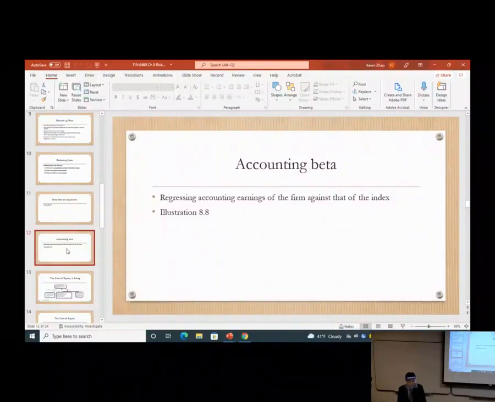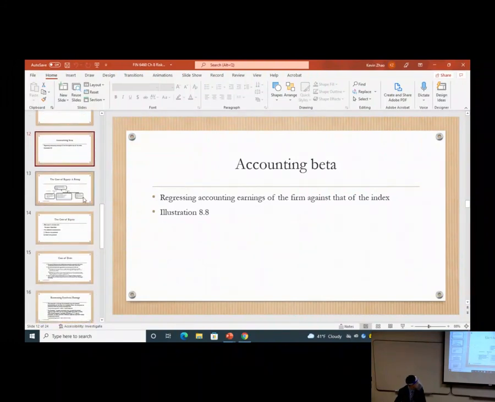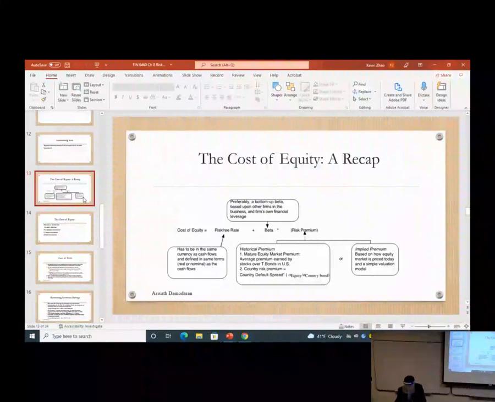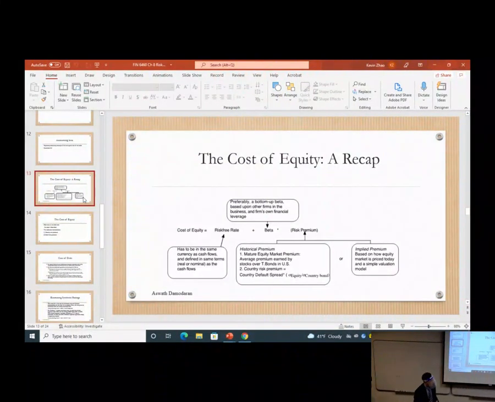Only 4 observations a year because company review accounting information on a quarterly basis. So it's not a great method, but offers you second opinion. So that's accounting beta. It's a less useful approach, but it has certain value for you to do the double check.